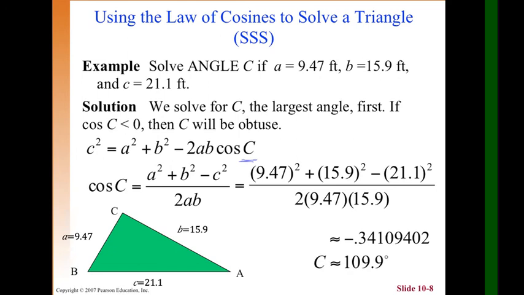And then, paano nakuha si C equals 109.9? Remember that in our problem, meron tayong cosine C. No? Diba? May cosine C yan. So, nung sinolve natin to, ito yan. Itong portion na yan, okay, ito yan.